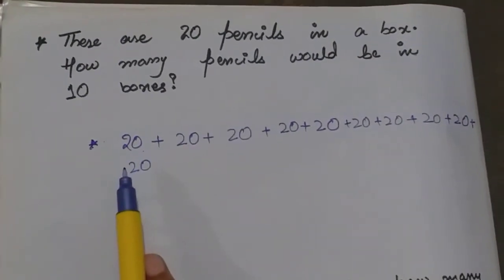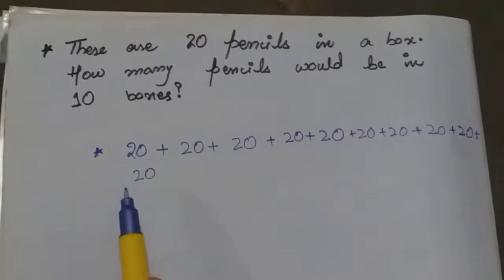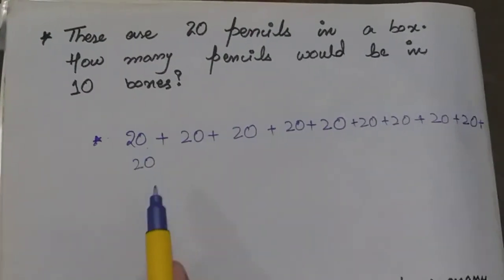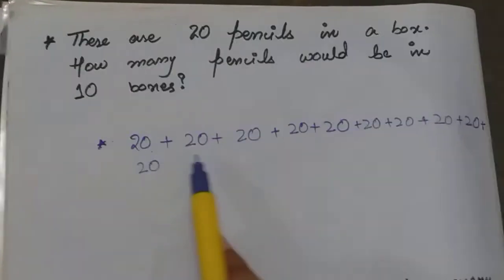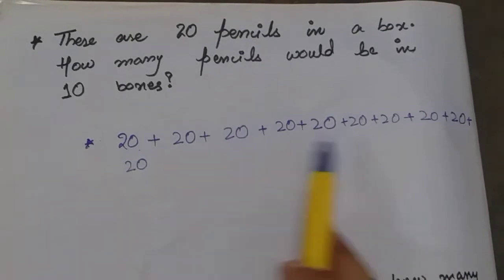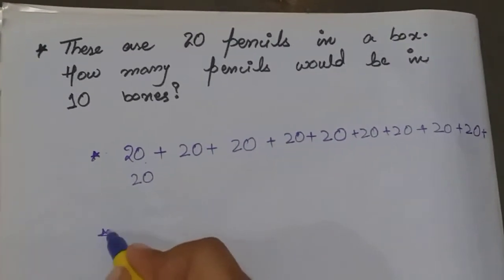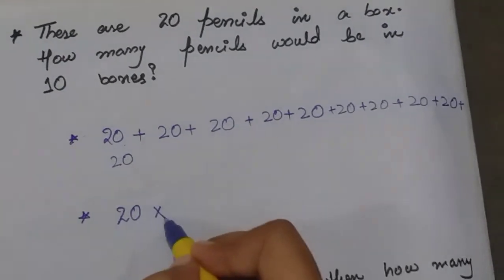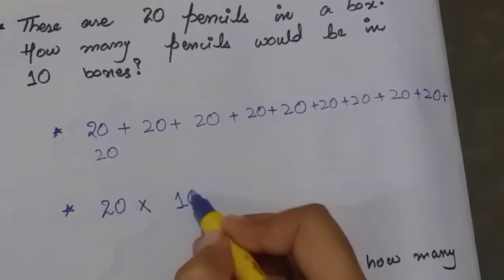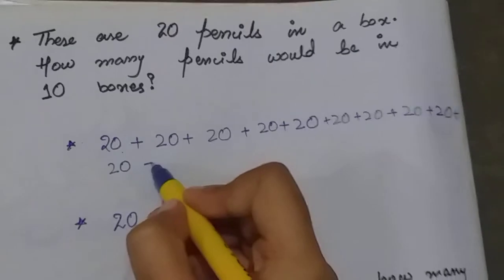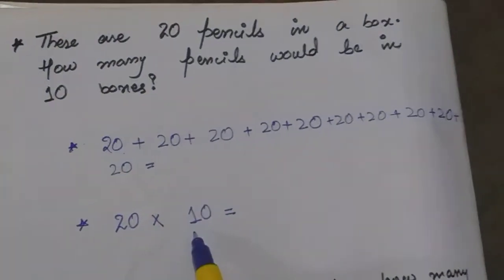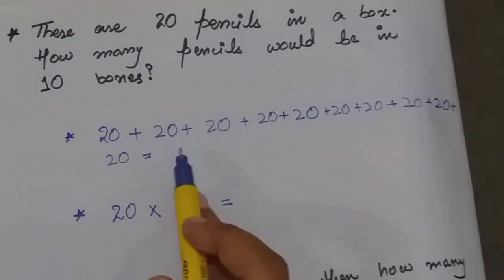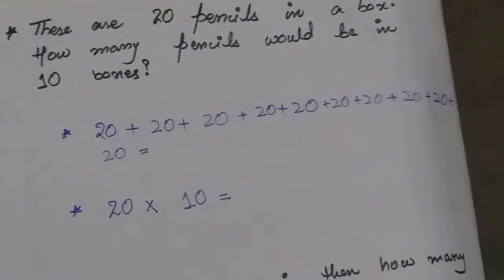But this method would be very long and you know that multiplication is a repeated addition. So instead of doing this long addition, we can simply multiply the number of pencils by the number of boxes to find the total answer.